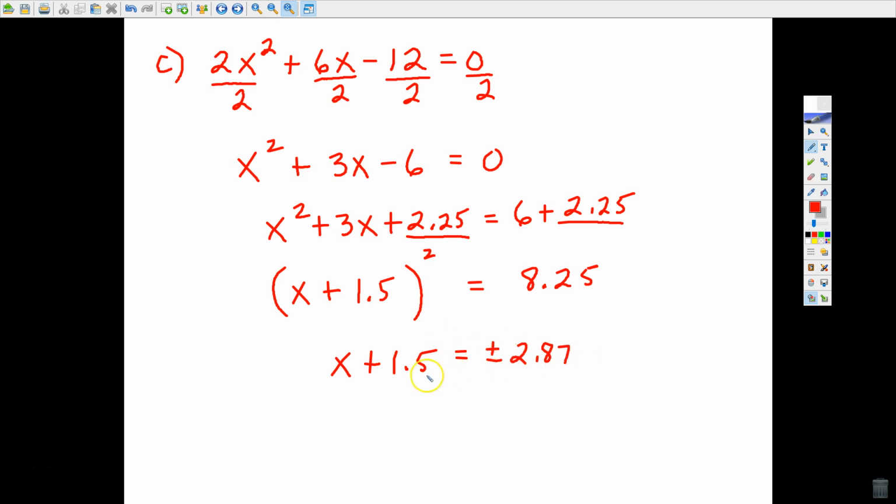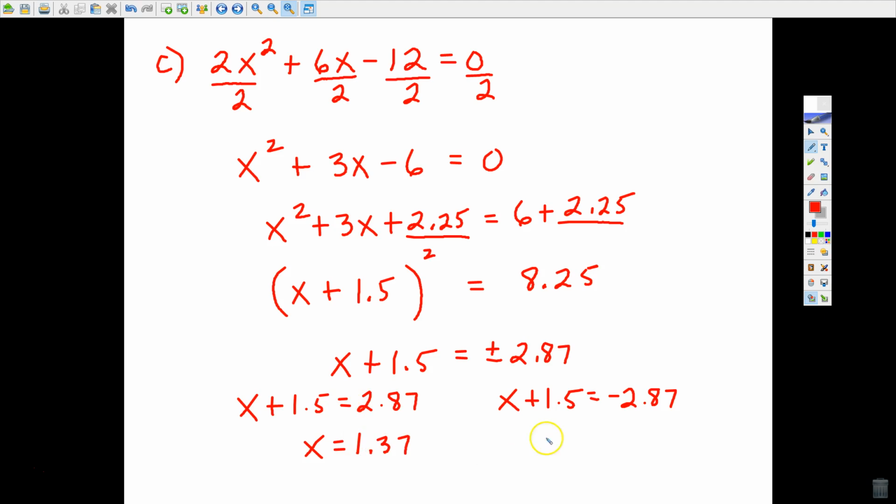Plus minus, and now our solutions will come from solving basically 2 equations. We're going to solve for the positive 2.87, and then we're going to solve for the negative. So over here we're going to do 2.87 minus 1.5. That's 1.37.